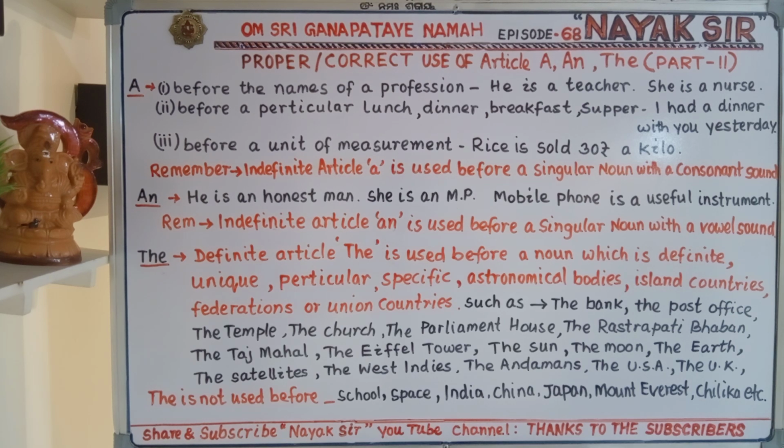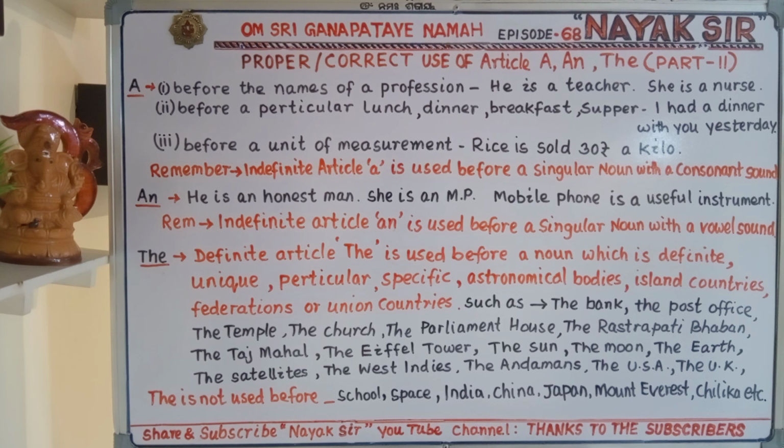Any definite noun should carry the before it, like the bank, the post office, the temple, the church, the parliament house, the Rashtrapati Bhavan, etc. These are definite, these are specific. Another example is unique things, like the Taj Mahal, the Eiffel Tower. They are unique structures, so they should carry the definite article the before them.